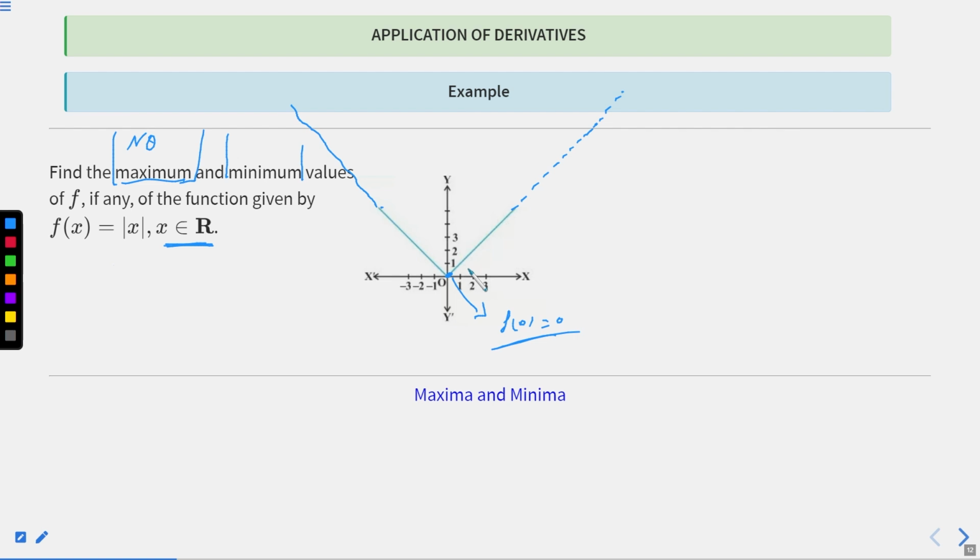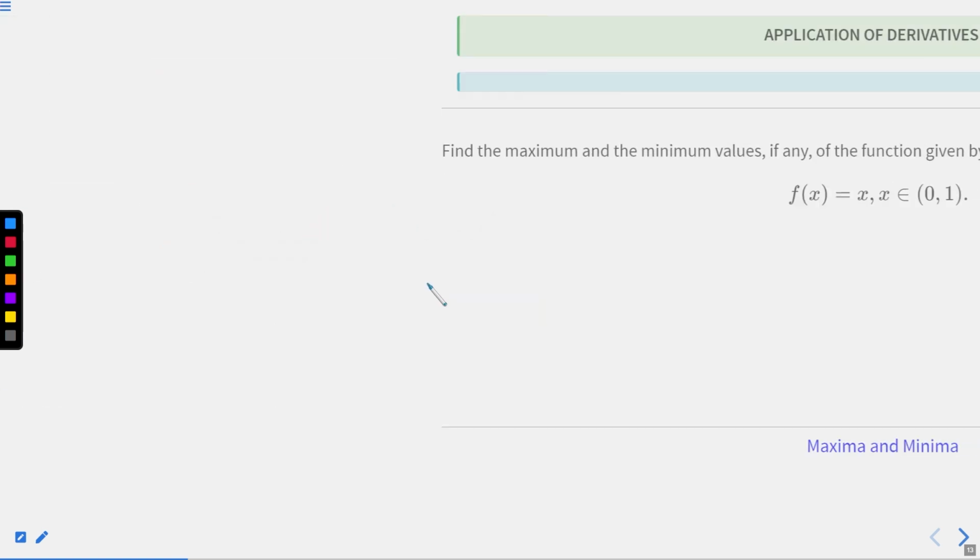So it totally depends on what restriction or what domain we are talking about. Only when we know in what domain, in what interval, and in what restriction we are talking, can we answer maxima and minima questions accurately. Okay, let us move next.